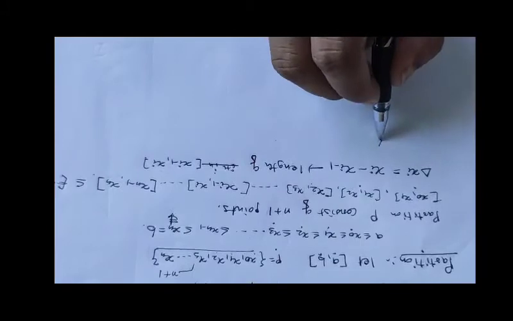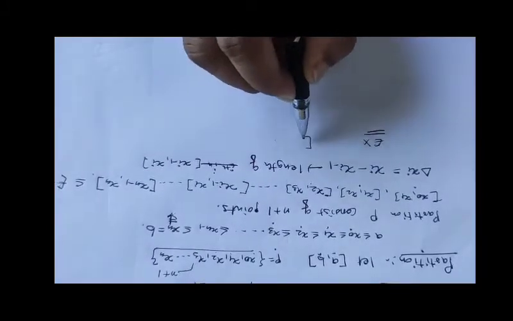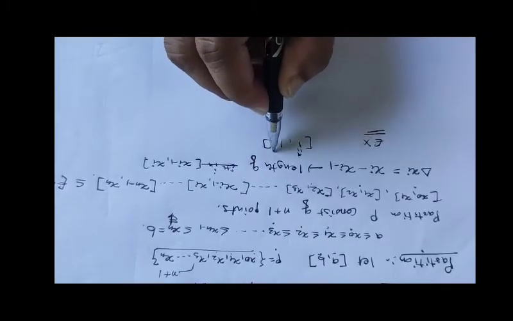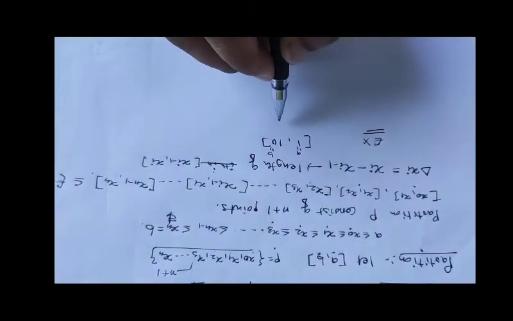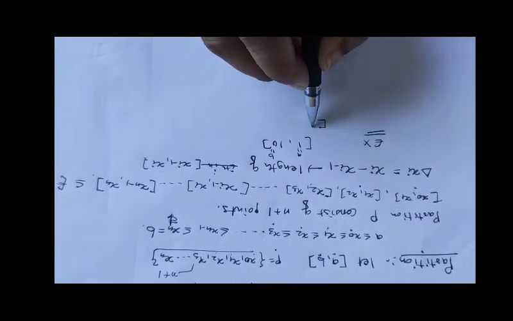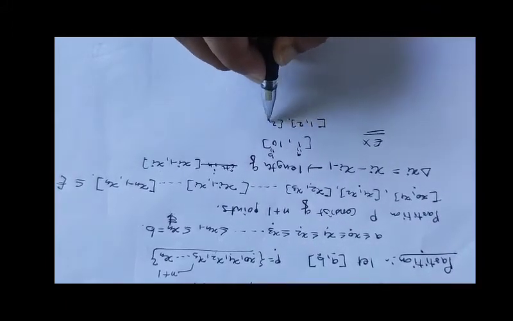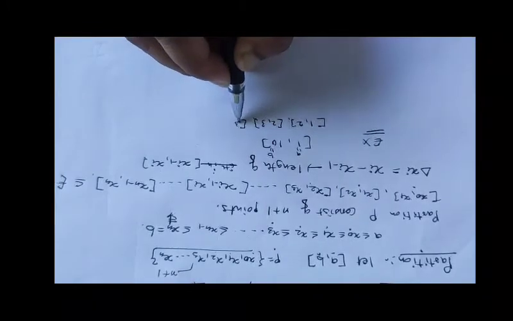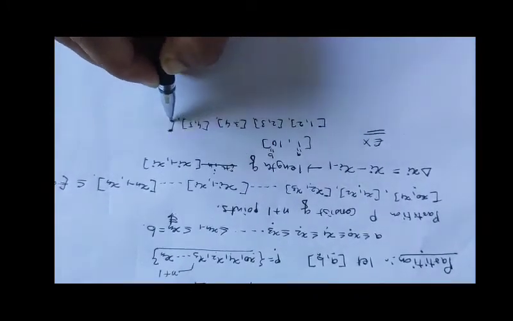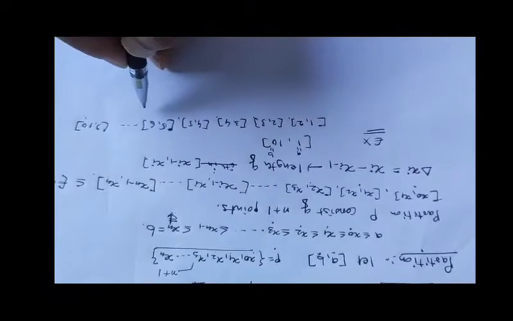For example, suppose the interval [a, b] is 1 to 10. This is a, this is b, and we make some subintervals: 1 to 2, 2 to 3, 3 to 4, 4 to 5, 5 to 6, up to 9 to 10.